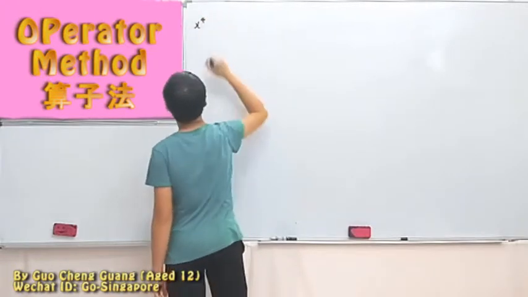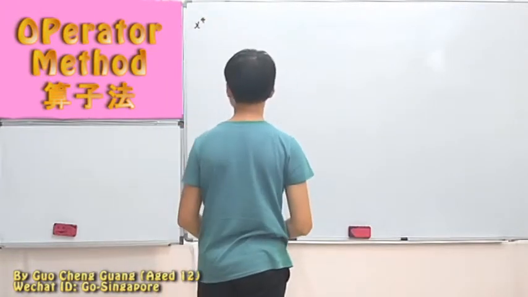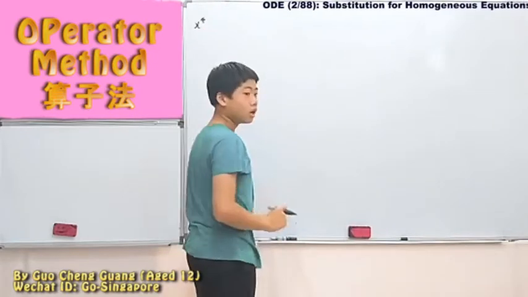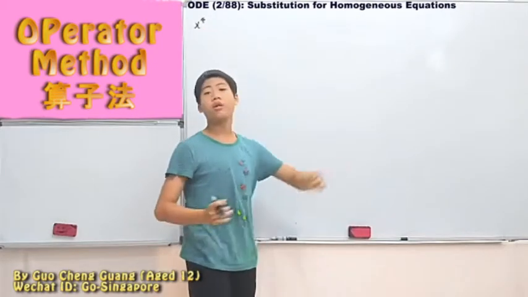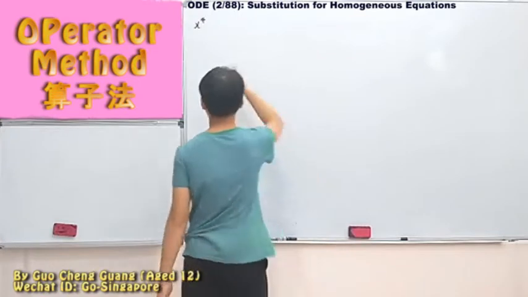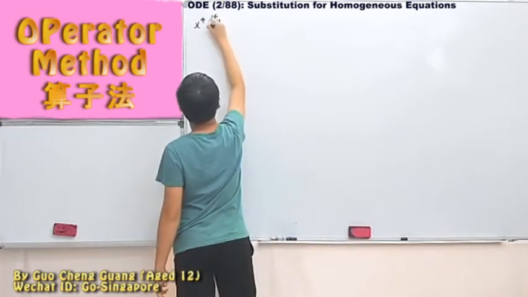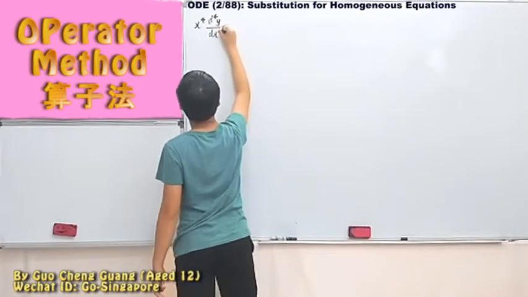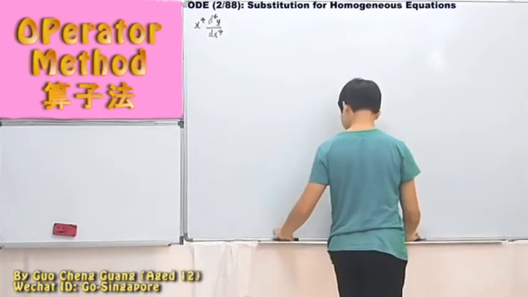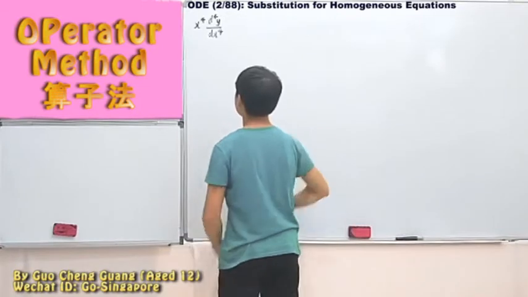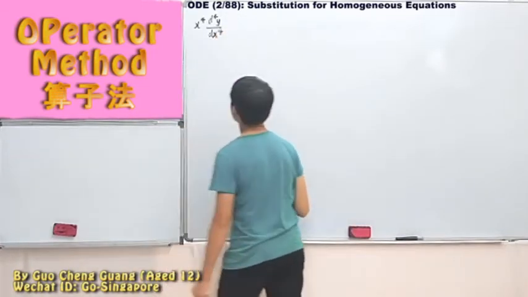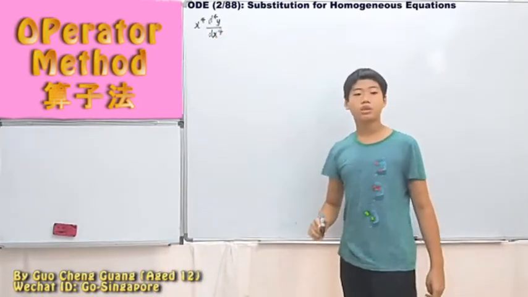First of all, in this type of question, the power of x will be the same as the order of the differentiation for y. So let's say the first part is x to the power of 4, then behind it will be y fourth derivative.